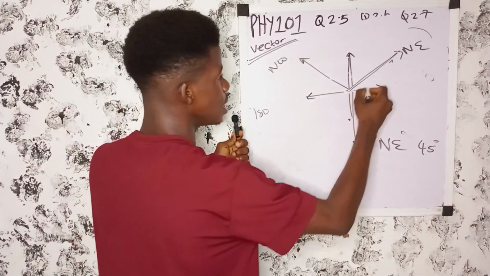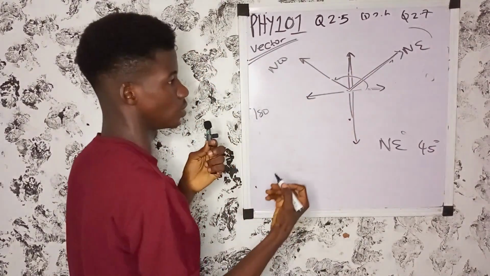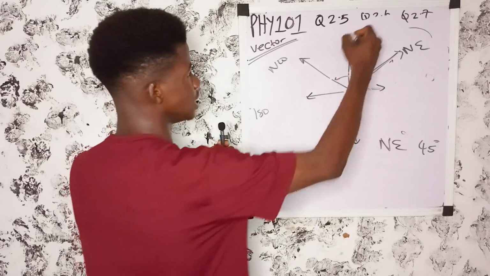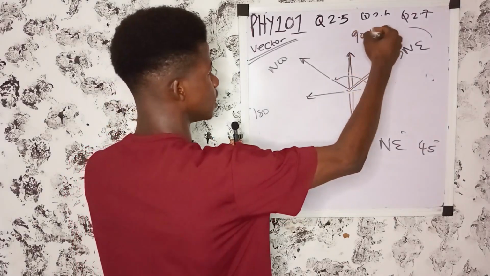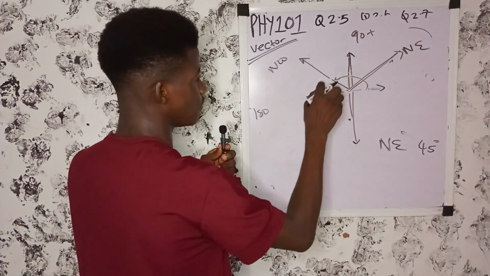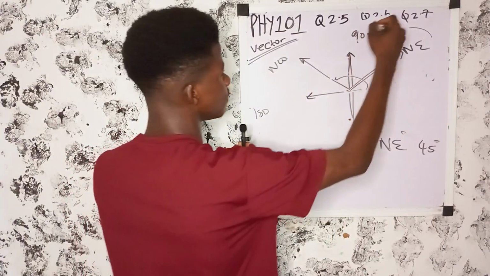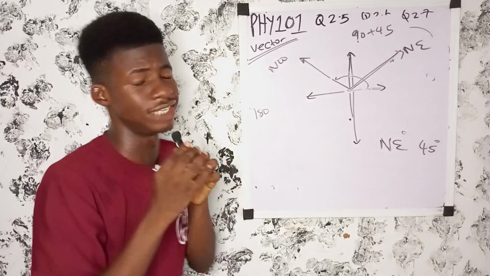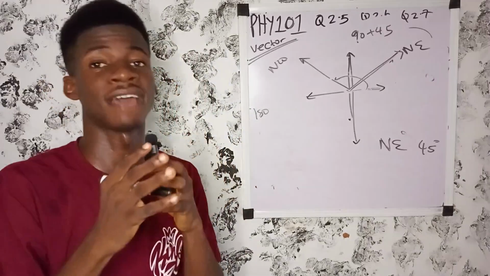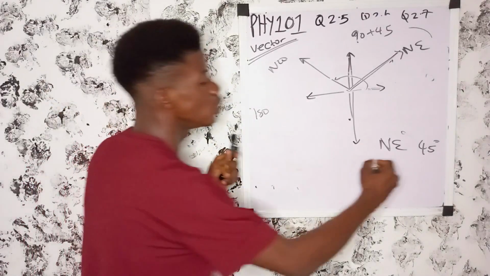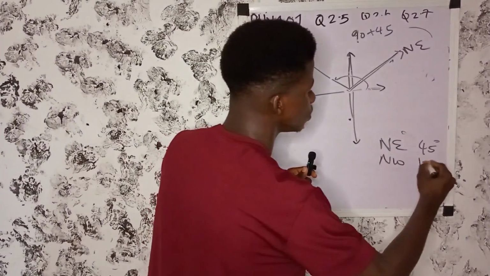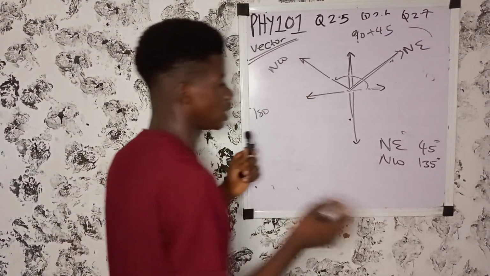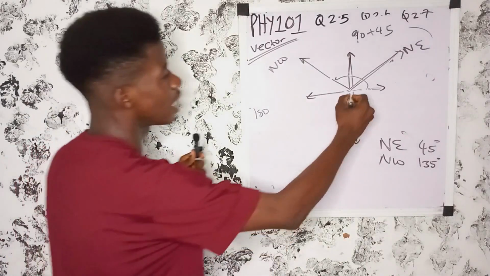So from here to here, this full place is 90, plus half of the next place, 45. 90 plus 45 gives us 135 degrees. So northwest is 135 degrees. Now let's continue.